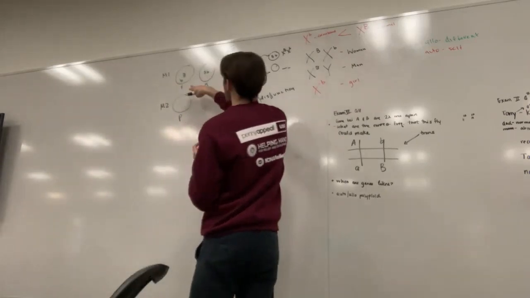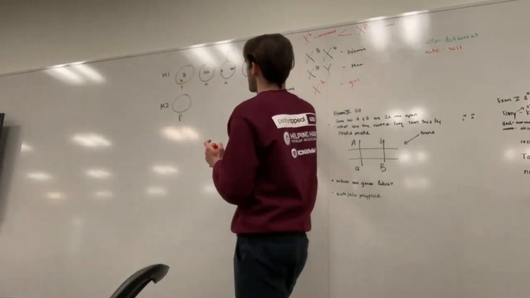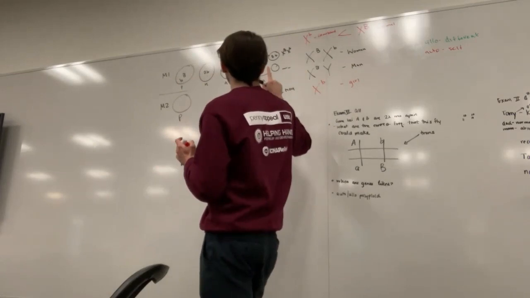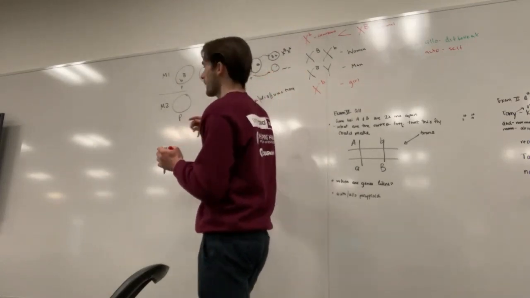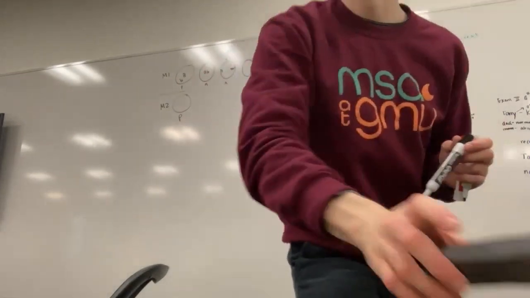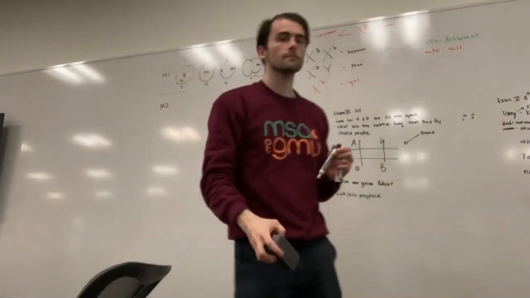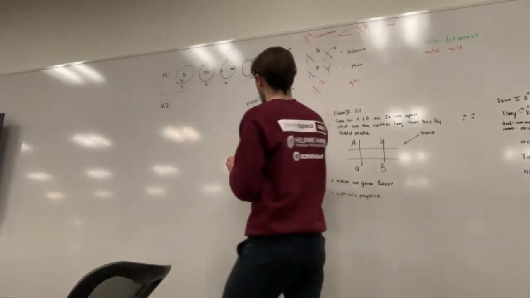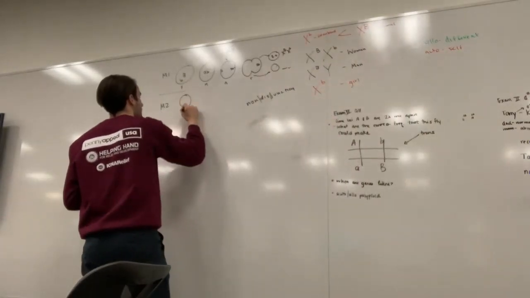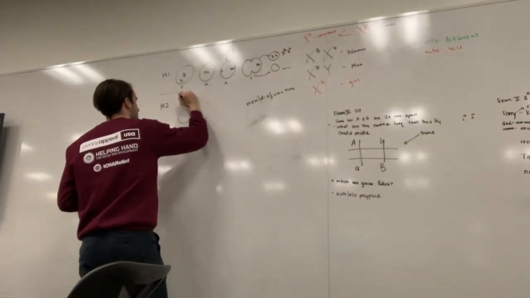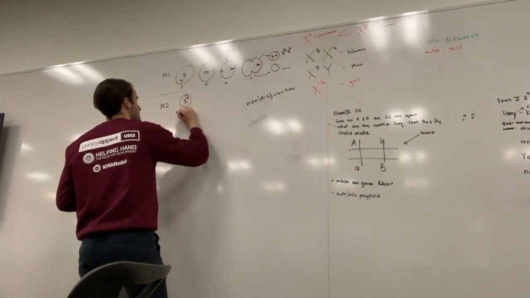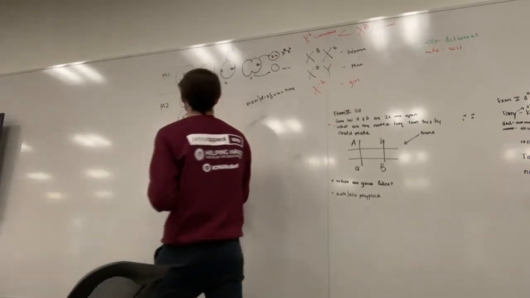So assuming that meiosis 1 went off without a hitch, we would end up with X big B chromosome. I have to do the X's for this one.